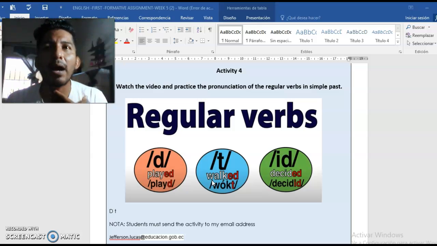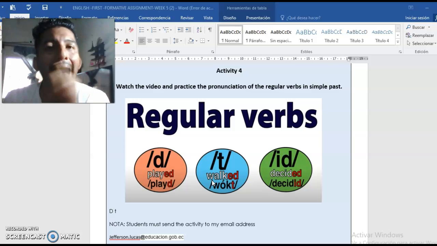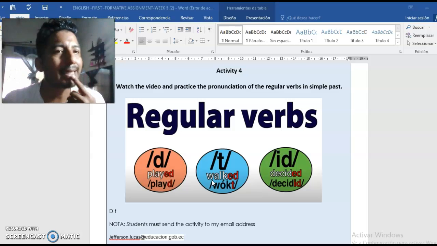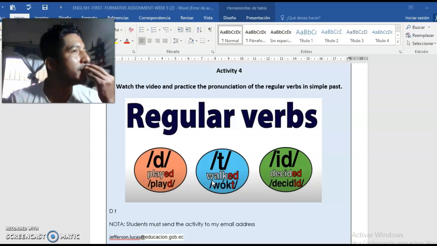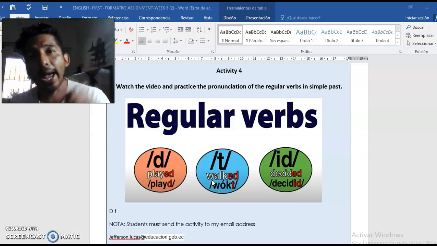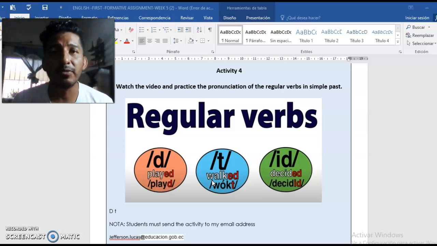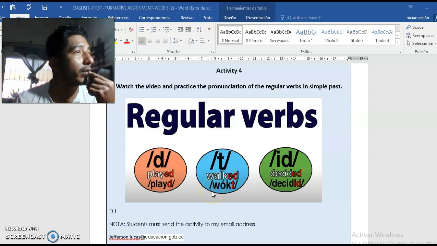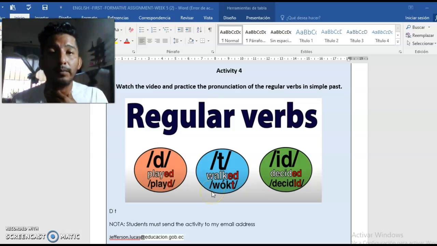Walk, it doesn't vibrate here. It has a sound in your mouth. Walk. The sound comes from this part, not from this. When it happens, it means that in past, the pronunciation must be T. Example, walked, walked. Because the sound comes from here, not from your vibration.